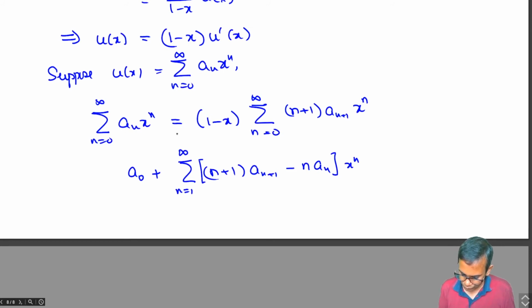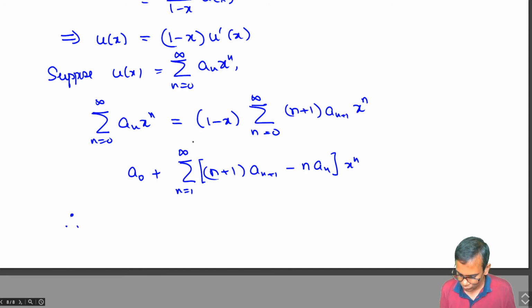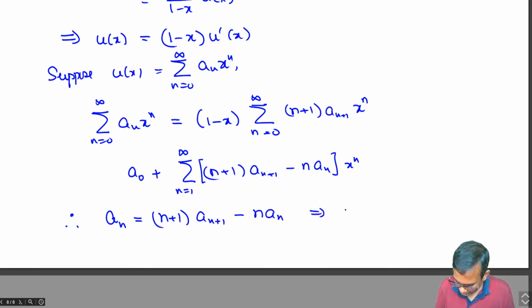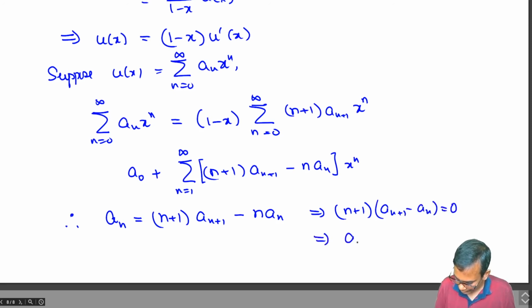Now if you solve this, if you equate the coefficients on both sides, what you get is that a_n is equal to (n plus 1) a_{n+1} minus n a_n, which is the same as saying that (n plus 1) a_{n+1} minus (n plus 1) a_n is equal to 0, which implies that a_{n+1} is equal to a_n for all n greater than or equal to 0.